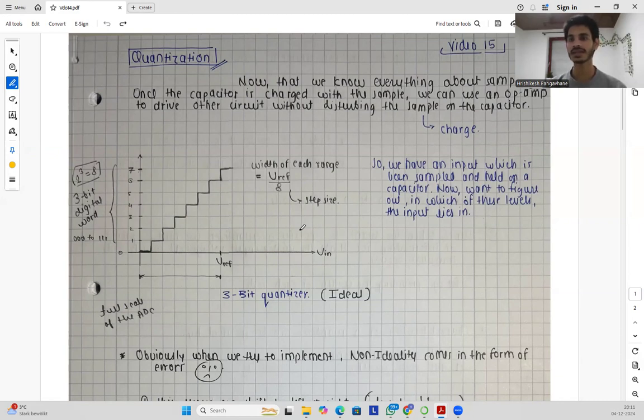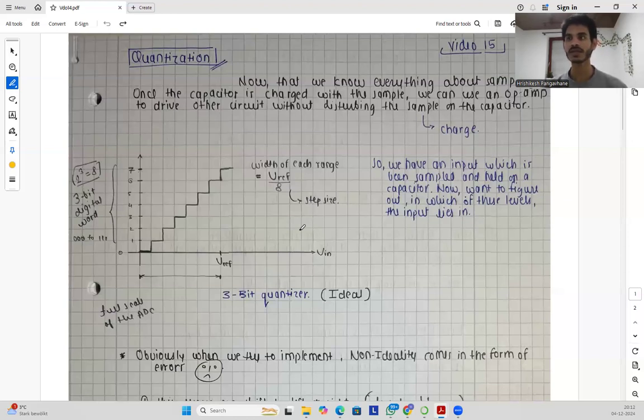As we discussed in the very first video, we had a signal in continuous time and continuous amplitude. Then we said, let's first sample it so that we have discretized it with respect to time.